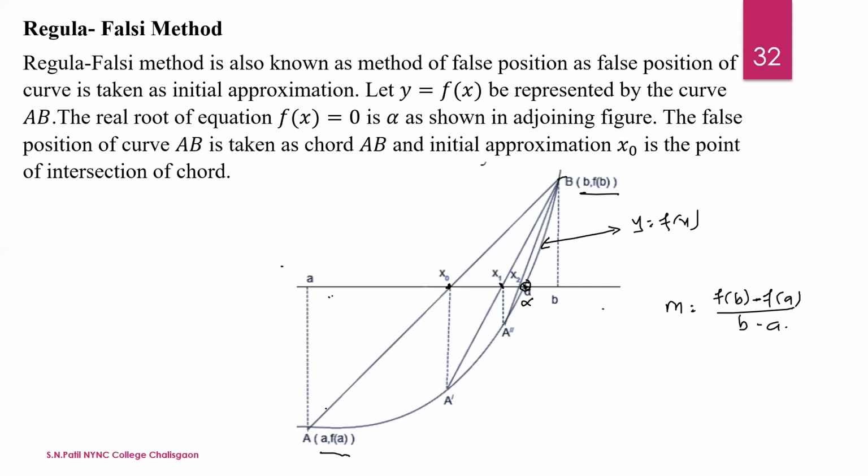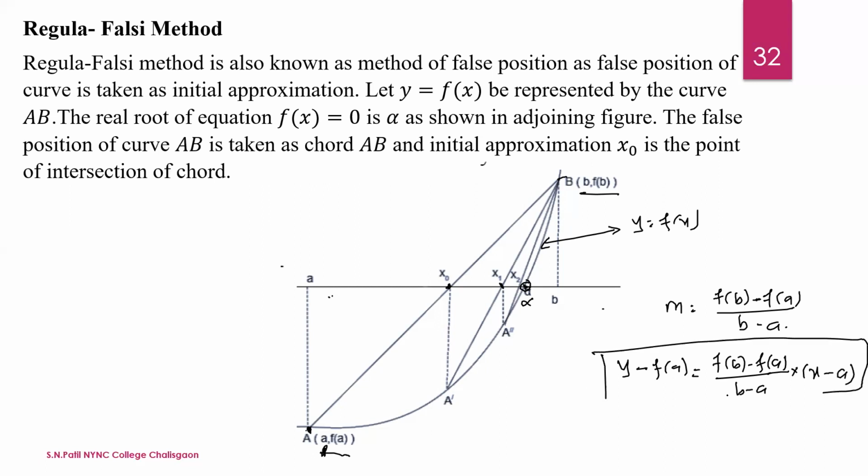And the equation of this chord AB is y minus f of A, that is the point on this chord, is equal to the slope, which is f of B minus f of A divided by B minus A, into x minus the point A. So this is the equation of the chord AB.